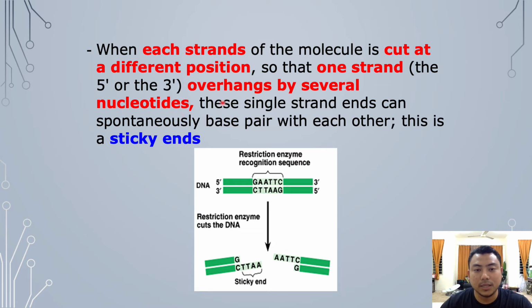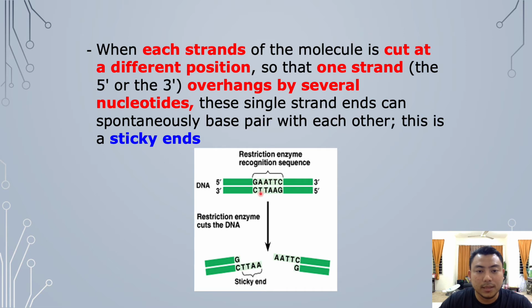Overhangs means tergantung. These single strand ends can spontaneously base pair with each other. This is a sticky end. So sticky ends is this part. They are left overhang. This is due to EcoR1.